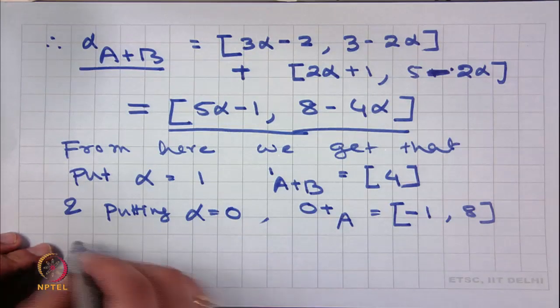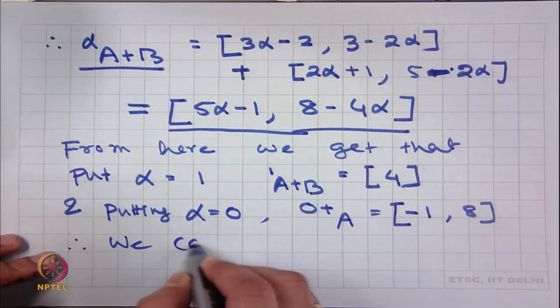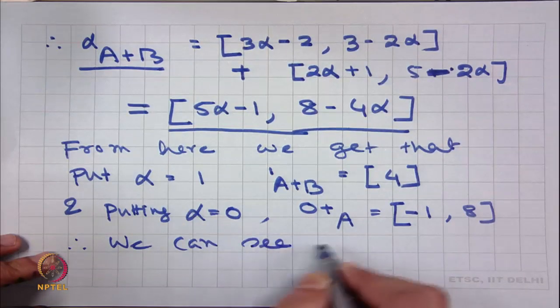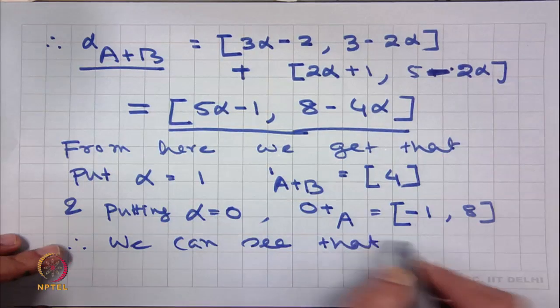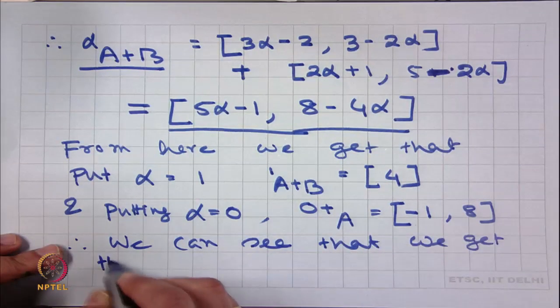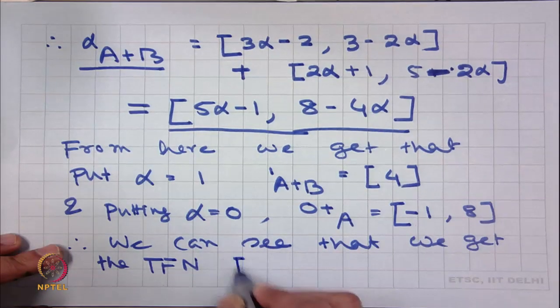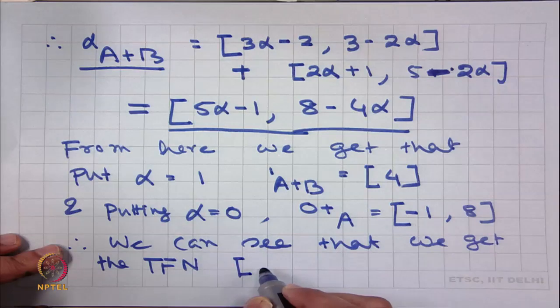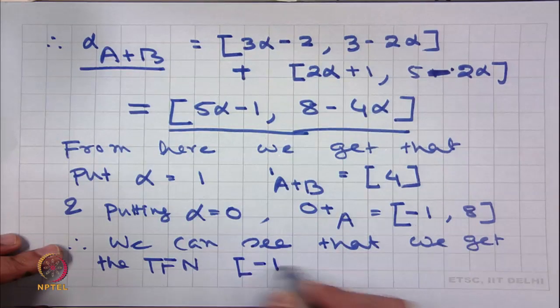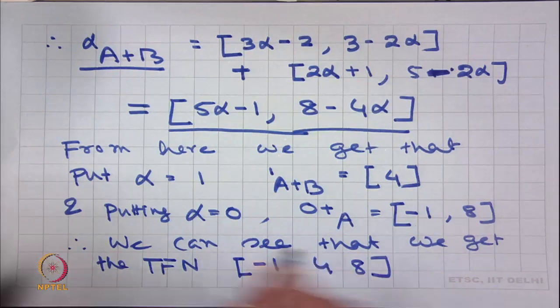Therefore, we can see that we get the TFN (minus 1, 4, 8).